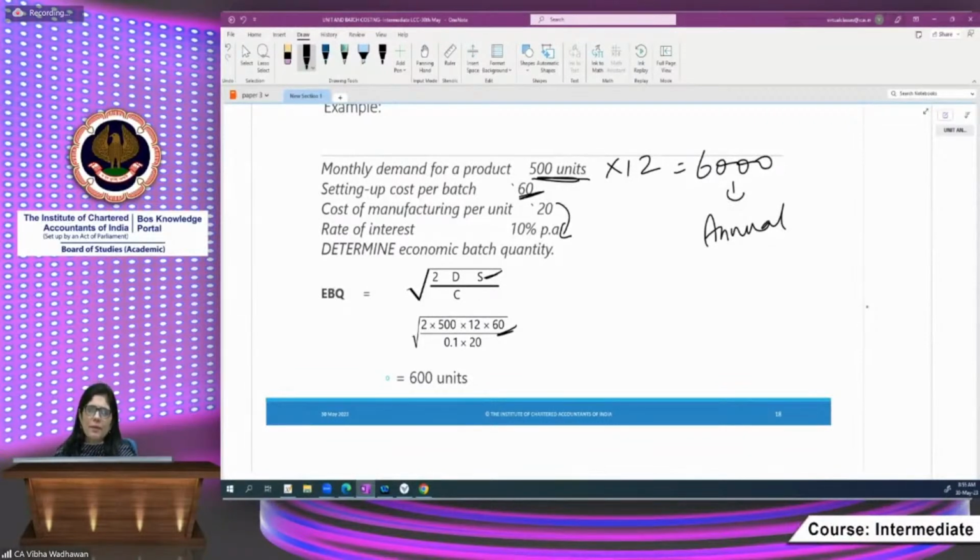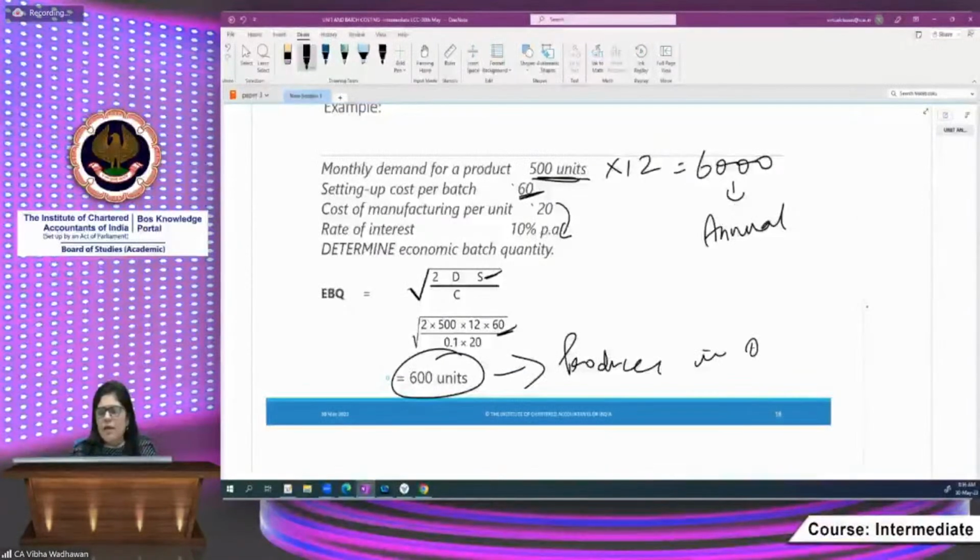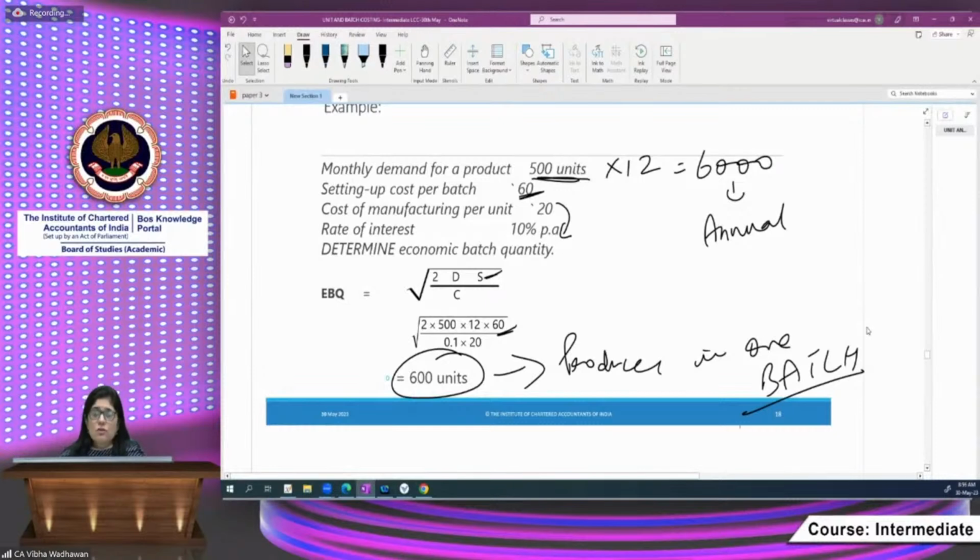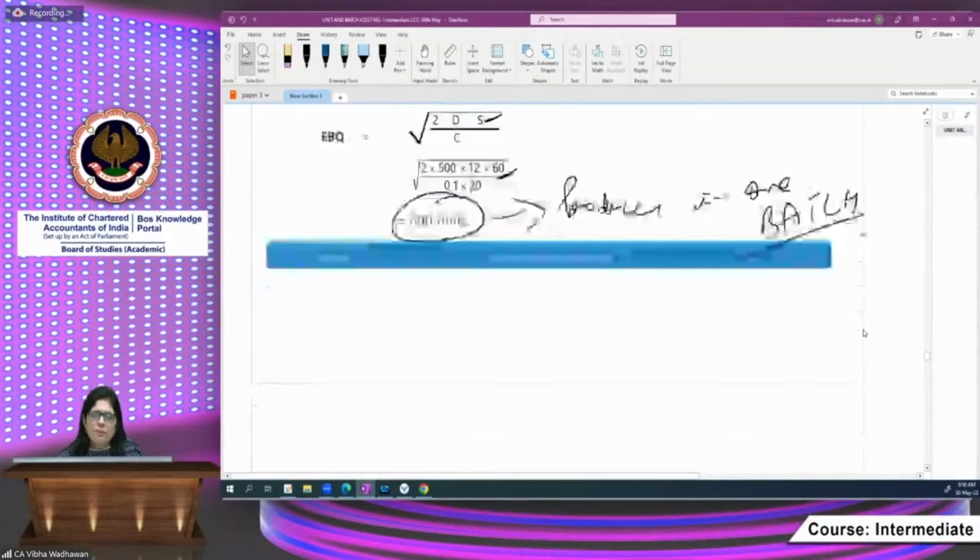So 2 rupees will be the storage cost for 1 unit if it is stored throughout the year. So 600 units you should produce in one batch. Clear? That tells you economic batch quantity. So you have to produce 600 units in one lot, in one batch. Clear? So that is economic batch quantity.